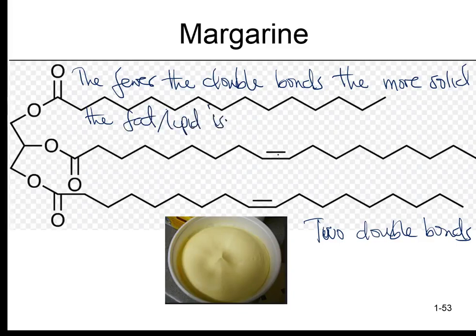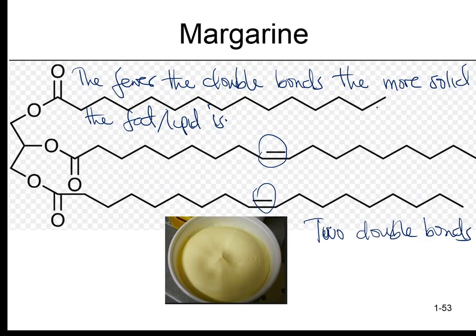This one has only 2 double bonds. You see now, it's solid. That's the structure of margarine. Only 2 double bonds, it is a solid. When you reduce the number of double bonds, you are increasing the solid nature of your fatty acid or of your lipid.